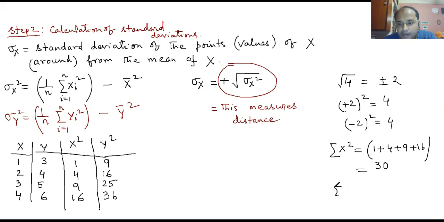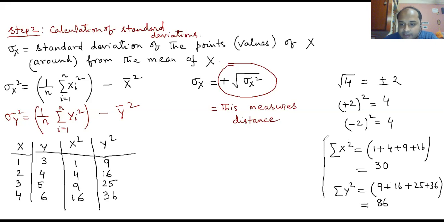And summation y square is the sum total of 9 plus 16 plus 25 plus 36, which is 86. So we have calculated these figures from the chart.